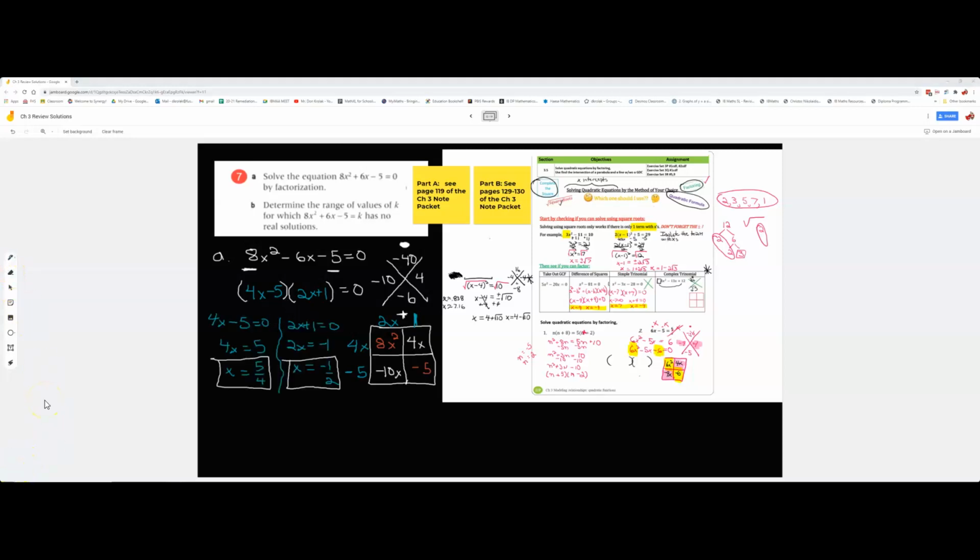So what I did here was my GCFs, factored it, got my two binomials, set each one equal to 0, and solved for x. I get x is 5/4. Solving this binomial equal to 0, I get x is negative 1/2. So that is my two roots for this quadratic.